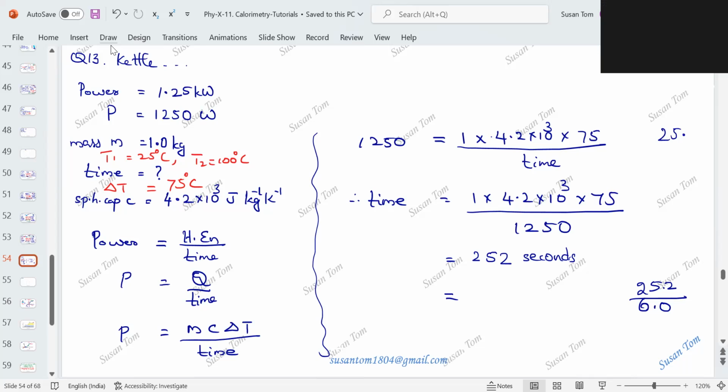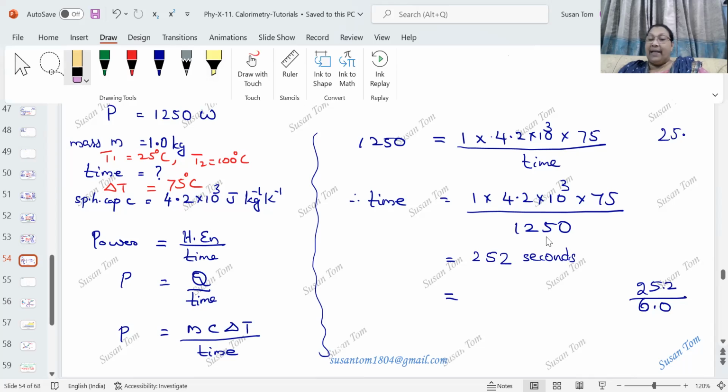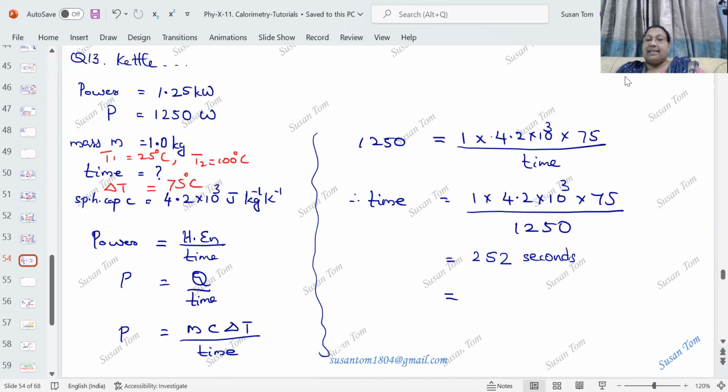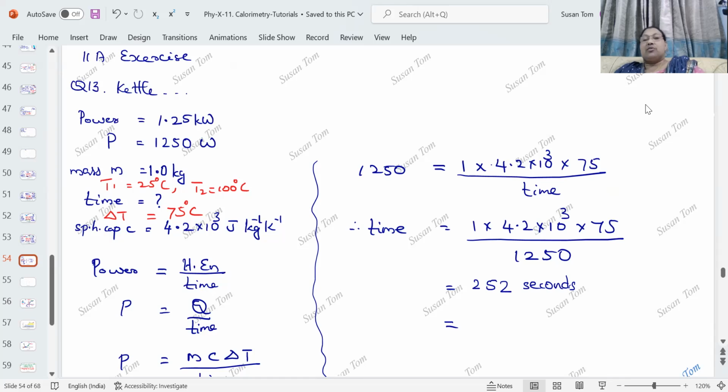But now you want to obtain it in the form of minutes and seconds, so it's not a single numeric value we are getting. We are making it into minutes and the remaining seconds. So you are checking how many 60s are there in 252.